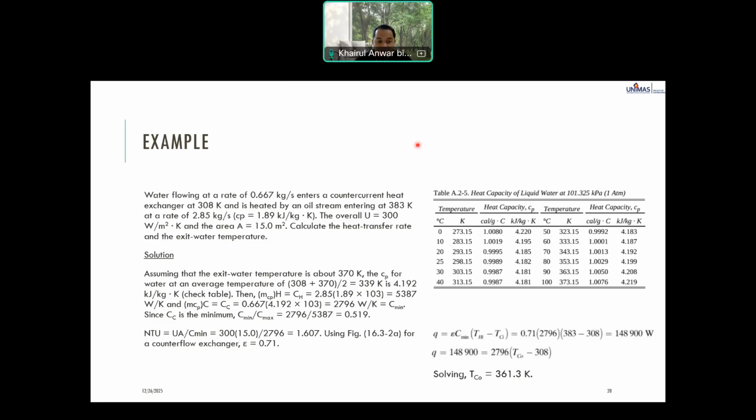Assuming that the exit water temperature is about 370 Kelvin, the Cp for water at an average temperature is 4.192. Refer to the appendix. Then m Cp hot equal to CH.